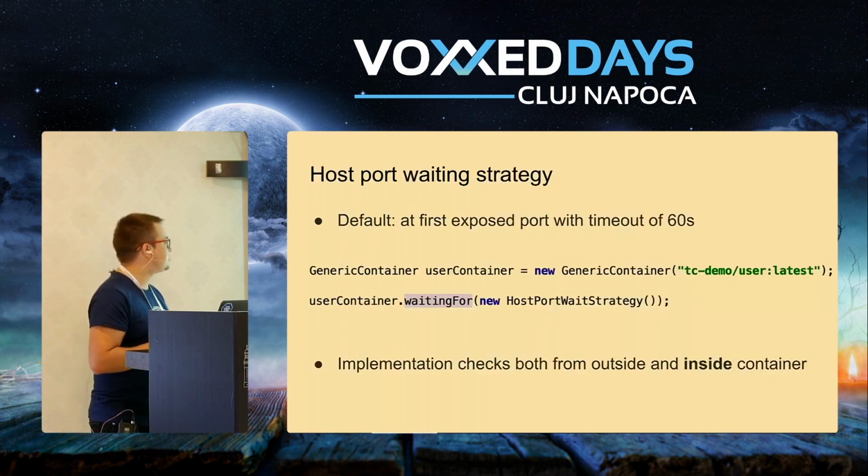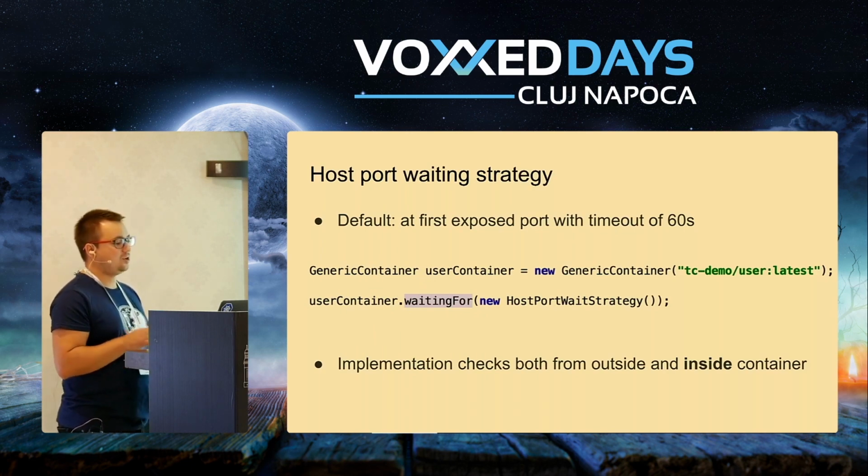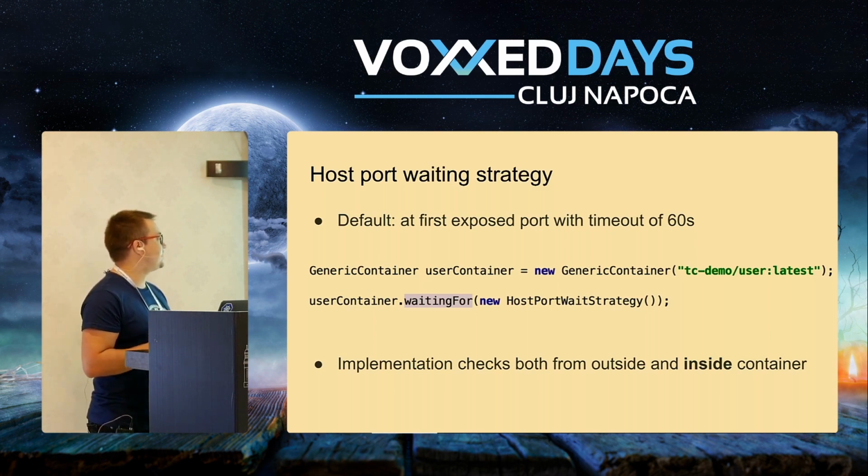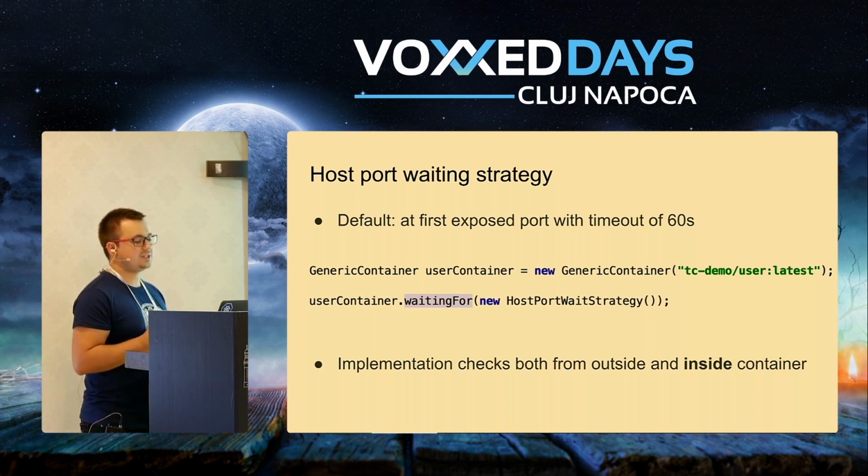So basically, this is a simple example. If you don't provide any waiting strategy, then by default you'll get host port waiting strategy, and it will wait for default of 60 seconds at the host environment for the port to be opened. If it's not open, then it will declare your build as failed and stop the build.